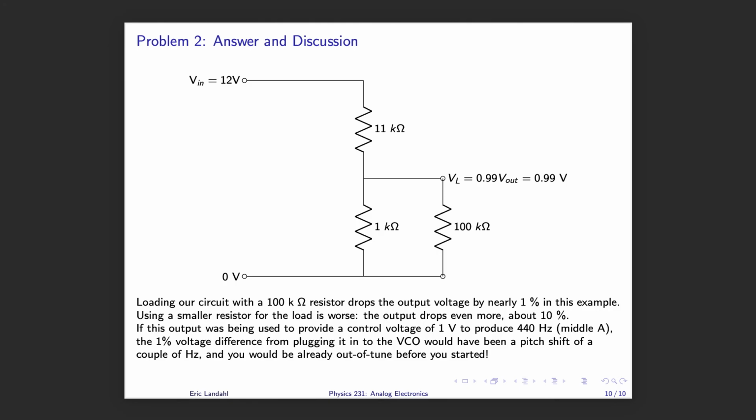You'd hear some beat frequencies, and you basically would be already out of tune before you even started optimizing the rest of the circuit. So again, this comes from some of the current being diverted to your load, and seemingly there's no way to avoid that, and there certainly is no way to avoid that if you limit yourselves to just DC circuits with resistors.